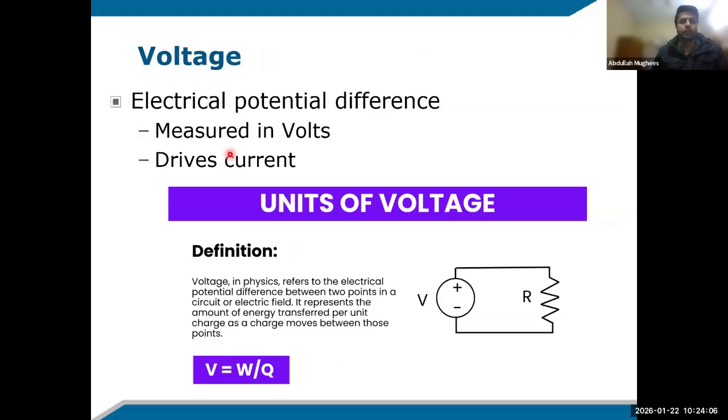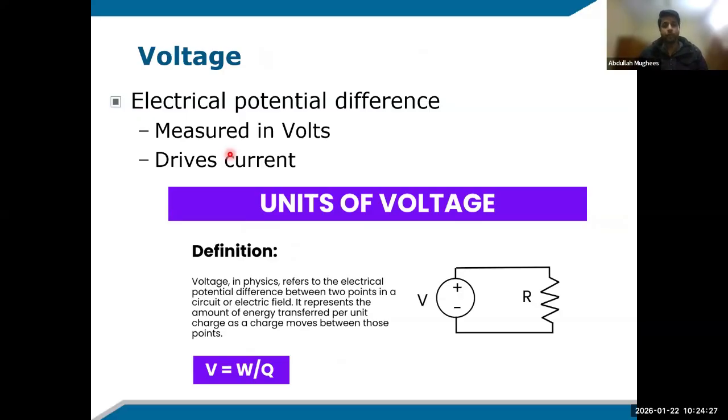Okay, so that was the basic definition of what is voltage, current, and resistance. Now let's have a look at the proper exact definitions of these individual entities.